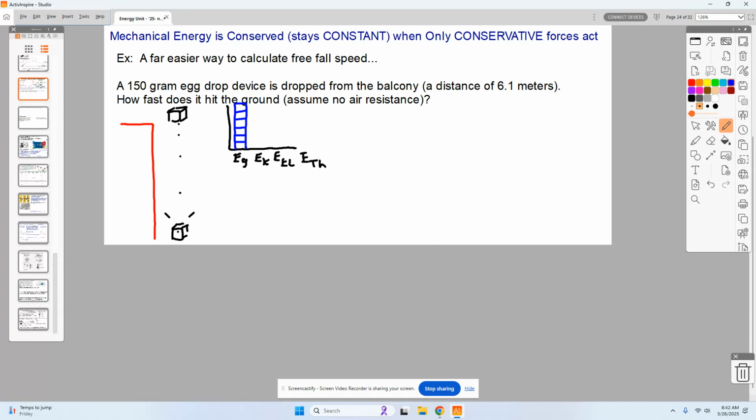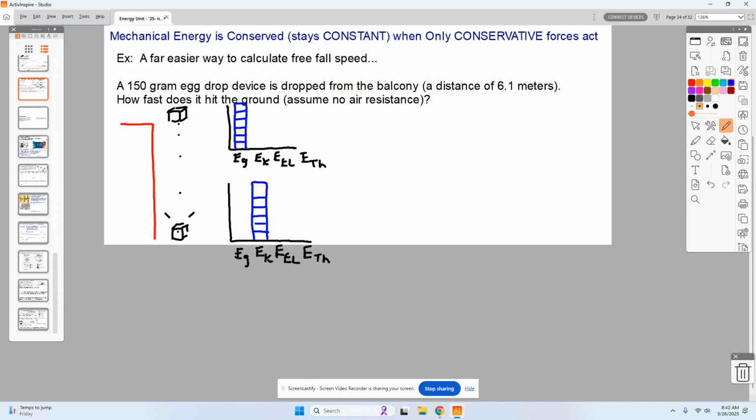And then right down here, if we are ignoring things like air drag, which you did for your egg drop, all of that energy here would have been turned into kinetic energy. And so if we don't have any energy loss, then if we had 6 blocks of gravitational, we should have 6 blocks of kinetic.